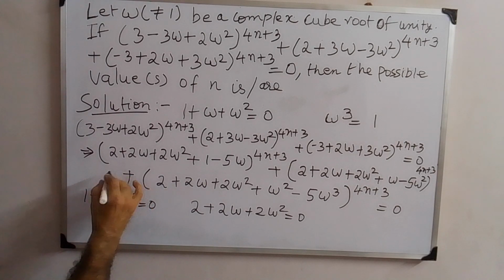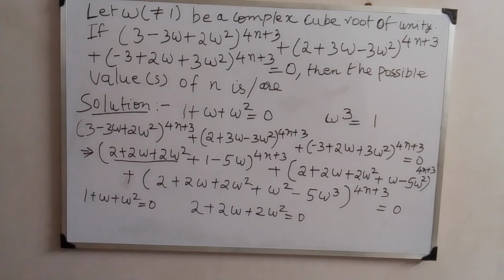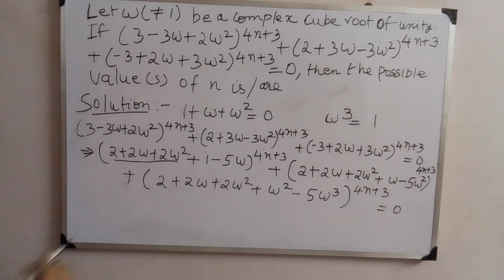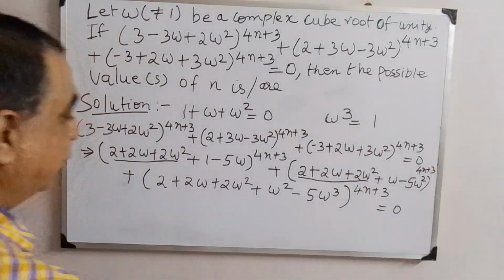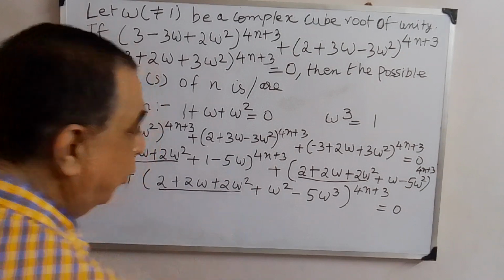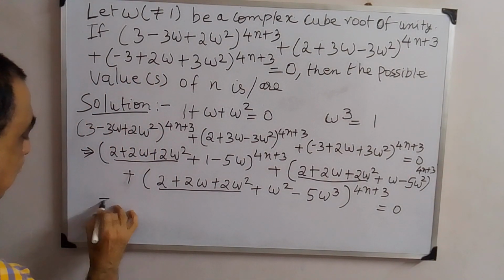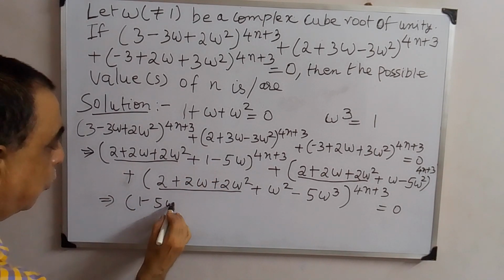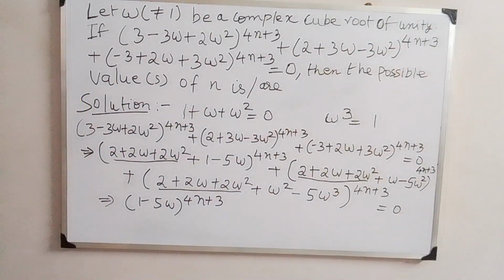So here what we have? This is 2 plus 2 omega plus 2 omega squared, so this value will be 0. And similarly this value will be 0 and this value will also be 0. So no need of writing 0. So this becomes equal to 1 minus 5 omega whole to the power 4n plus 3.